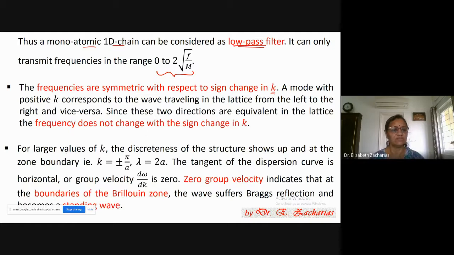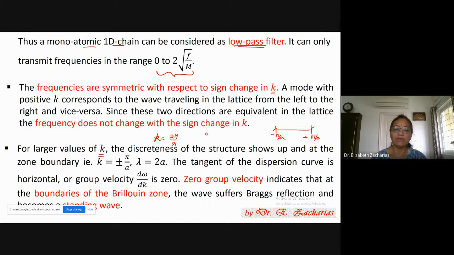Then the next one is a very important point. I hope you remember that k is also 2 pi by lambda. For a large value of k, your k is all lying between minus pi by a to plus pi by a. For a large value of k, you find that the discreteness of the structure shows up.